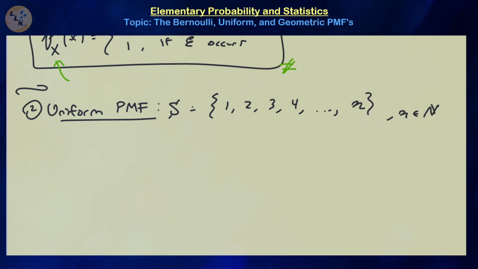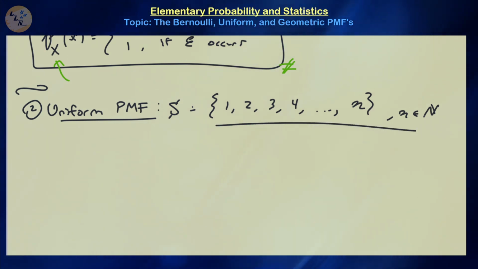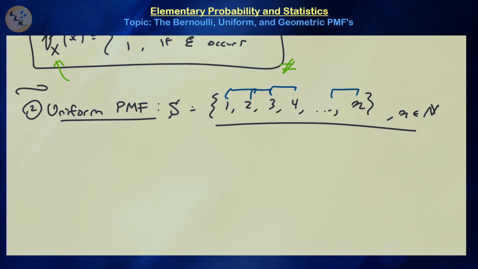If you consider rolling a six-sided dice, for example, then we might be able to use a uniform probability mass function for that. So the Uniform PMF has a finite support, so only a finite countable number of things, for which the values are equally spaced, so 1 to 2, 2 to 3, 3 to 4, n minus 1 to n, and so on.